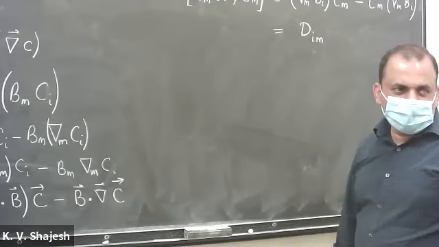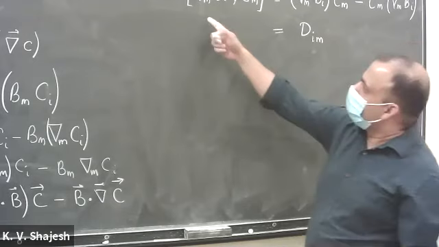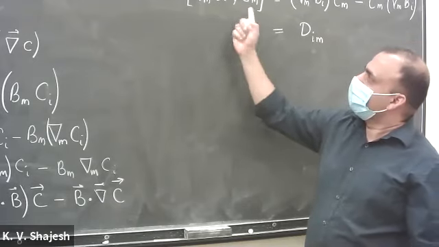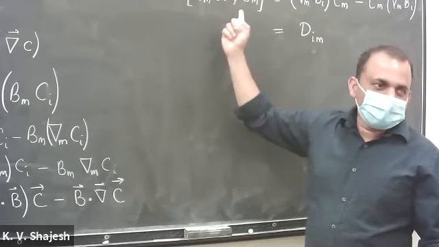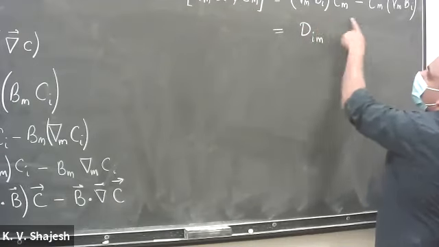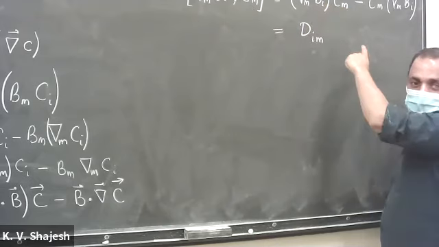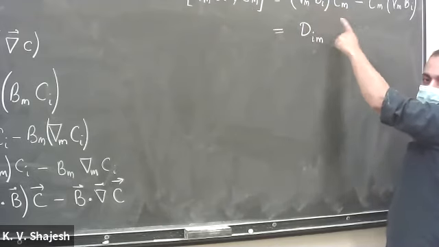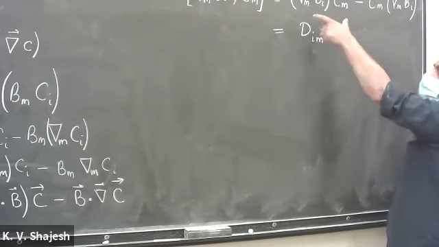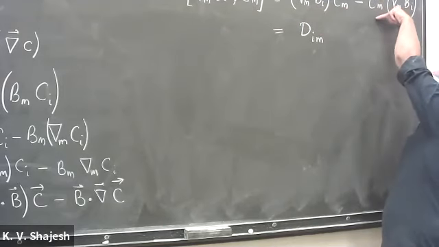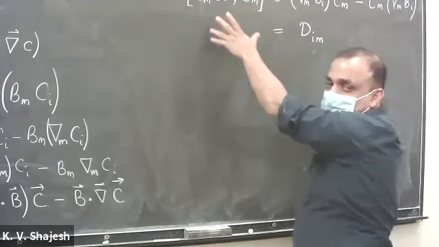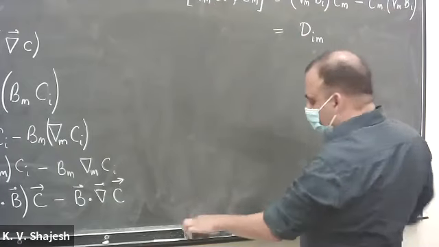Is that correct? On the left hand side, how many free indices? Take this piece: one free index, right? One dummy index. So that's a vector. Correct? If this is a vector, this must be a vector. This will have only one component.